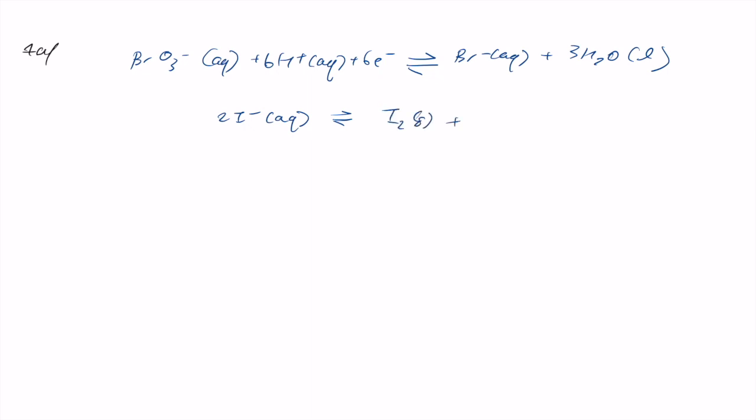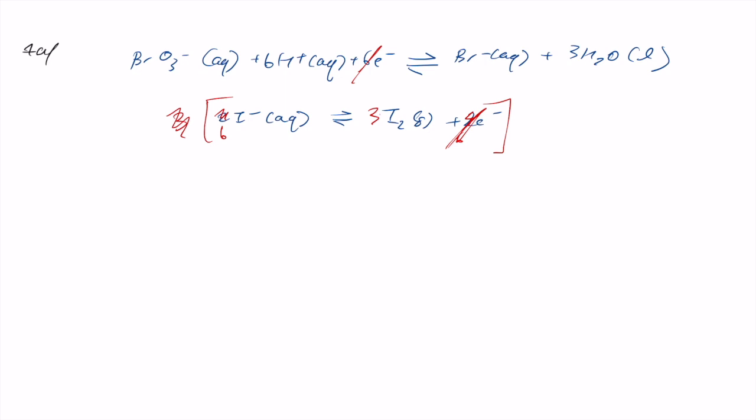plus 2e minus. Now, in order to consolidate these two equations, we need to make sure we have the same electron counts. Now, notice here it's 6. So that means we have to multiply our entire lower equation by 3. So then this becomes 6, this becomes 3, and this becomes 6 as well. So the electrons cancel out.